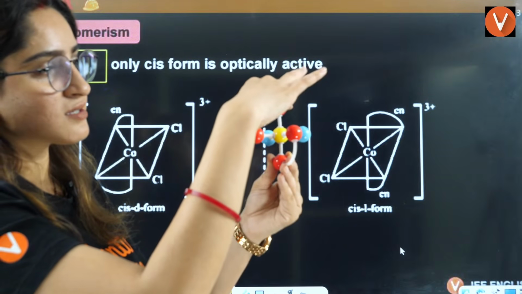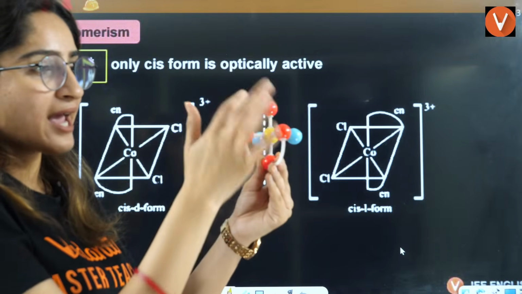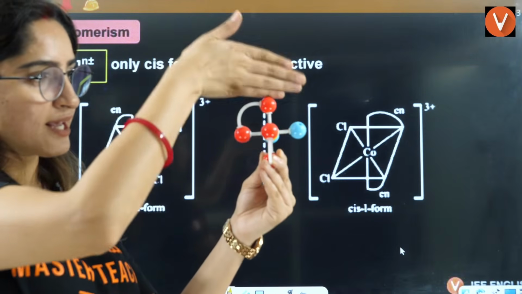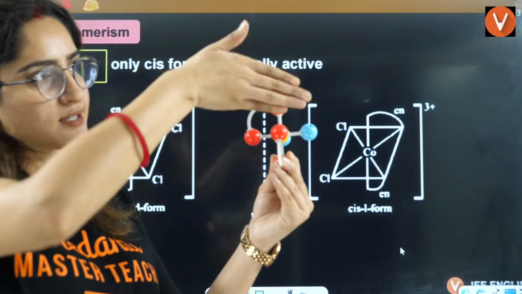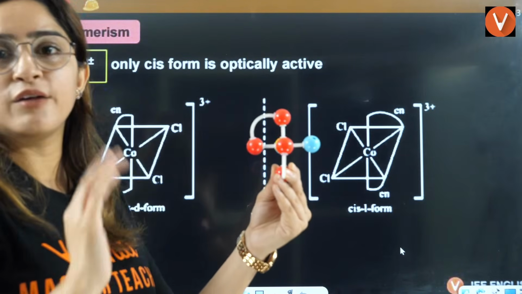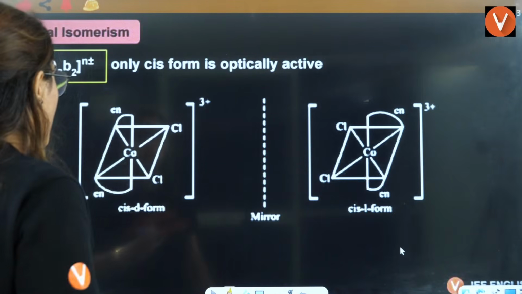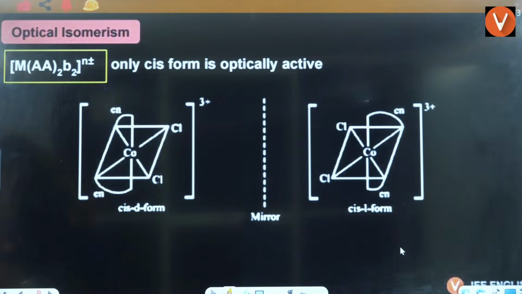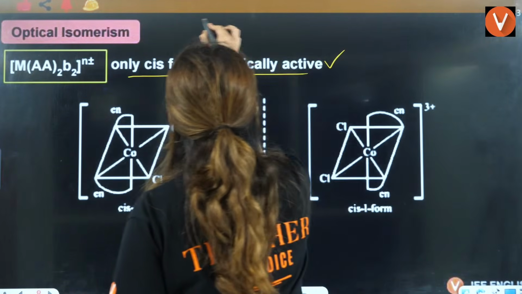This is, let's say, along the x-axis, and this is along the y-axis. Axes are different, that's why you can't pass the plane from here. So in cis form, it is possible. Cis form is optically active.